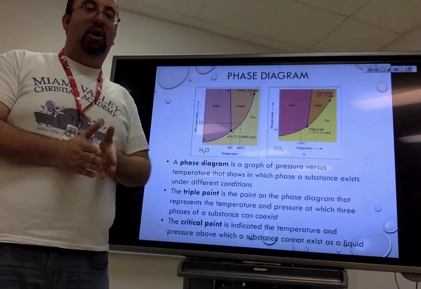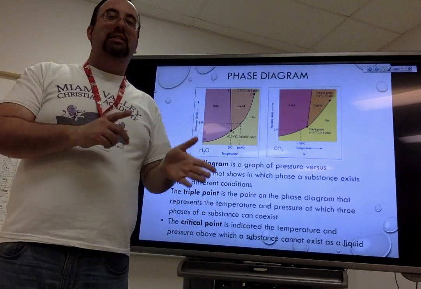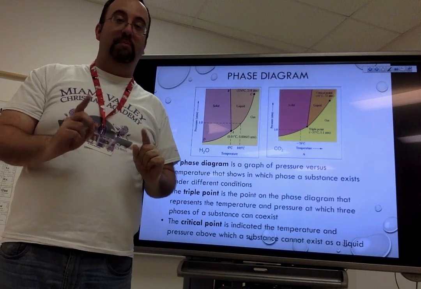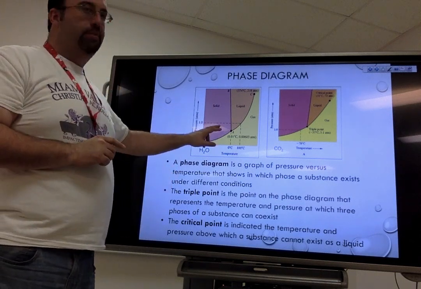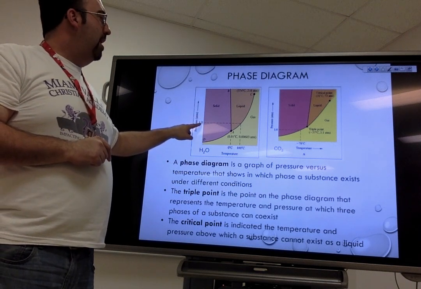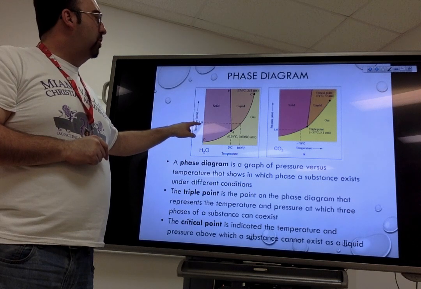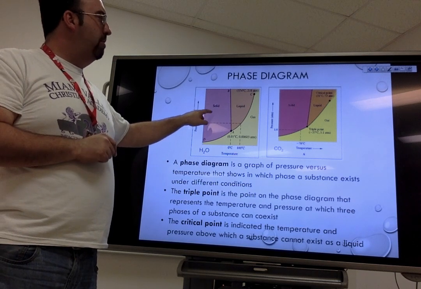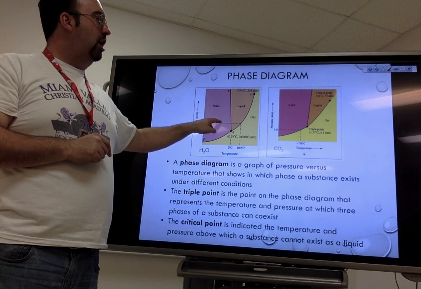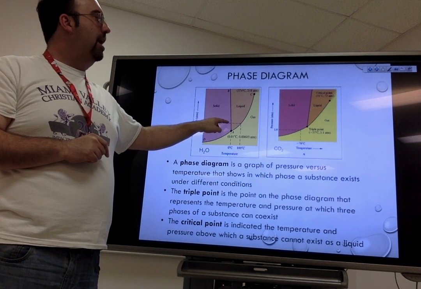Based upon both pressure and temperature, we can then observe the different types of phase changes. For example, if we have water at the normal atmospheric pressure of 1 atmosphere, and we start down here, we are in the solid phase. We keep adding heat, so we keep going up this way.